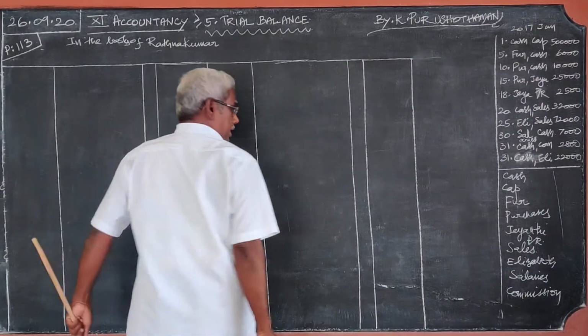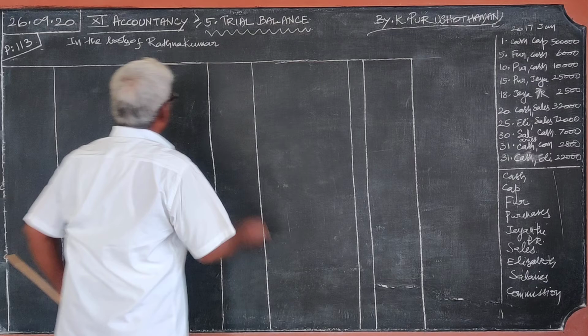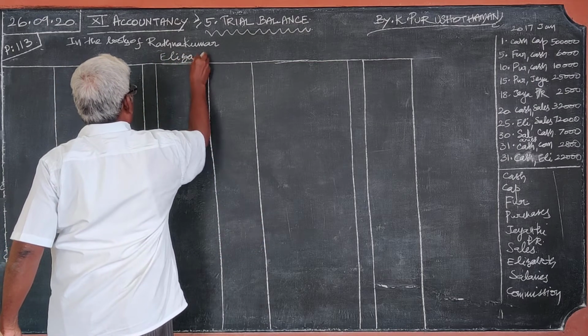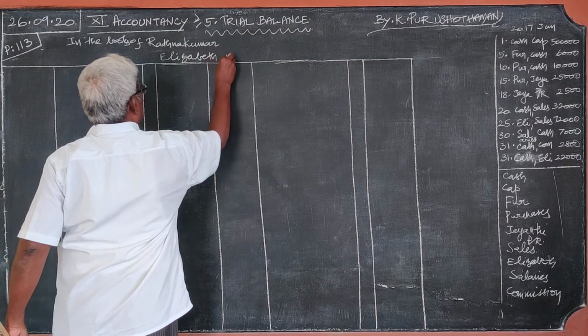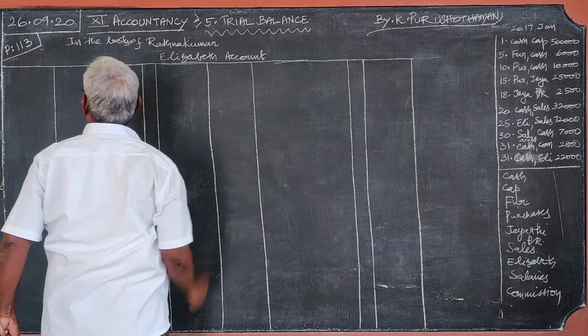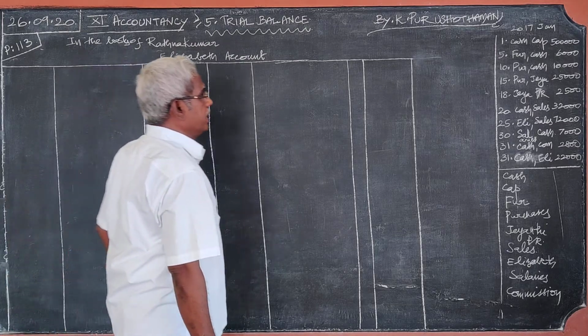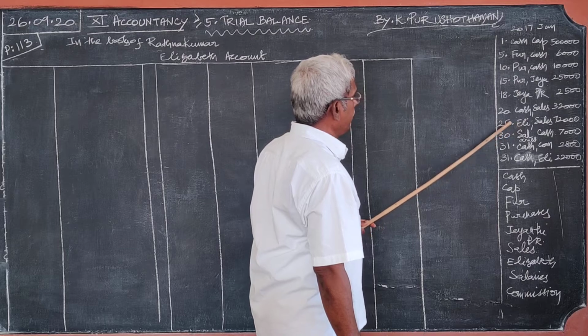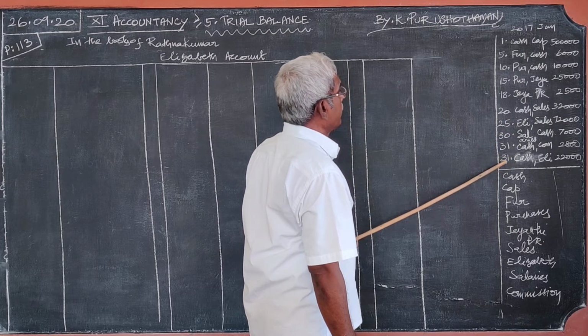The next ledger is Elizabeth account. Where does it appear? Elizabeth account first appears on 25th, then on 31st.